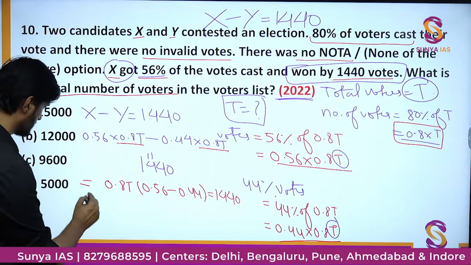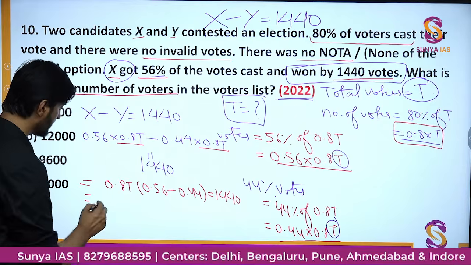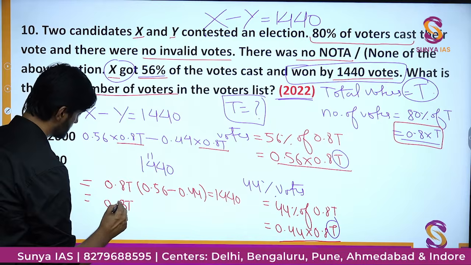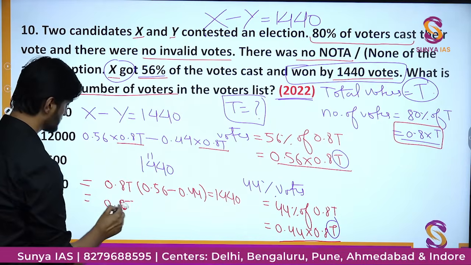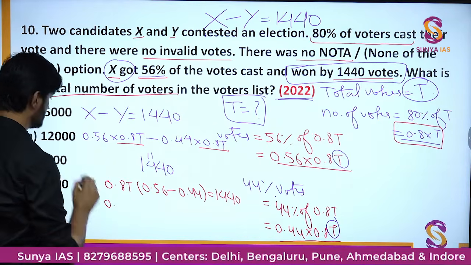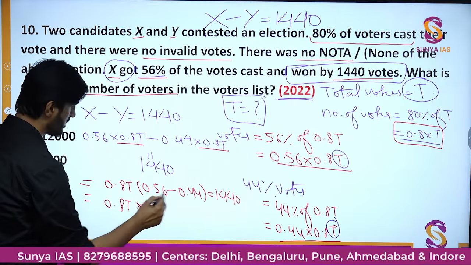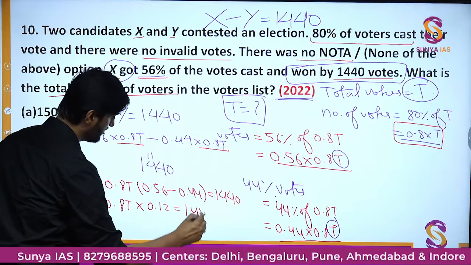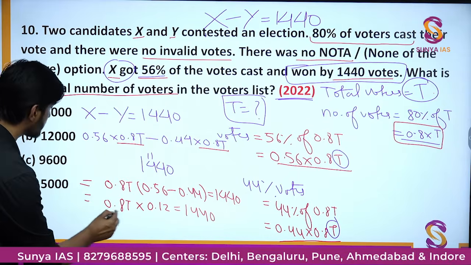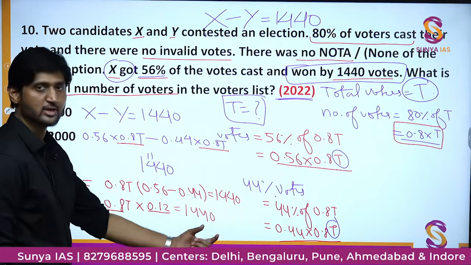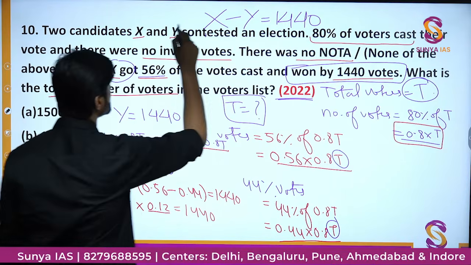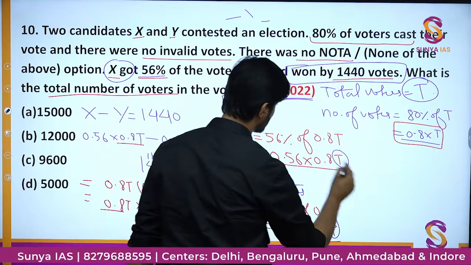And on further simplification of this part, you will get 0.80 into 0.12 is equal to 1440. Here we have to just cross multiply these two values and we'll get the value of t. Not that difficult. Let me just do that for you also.